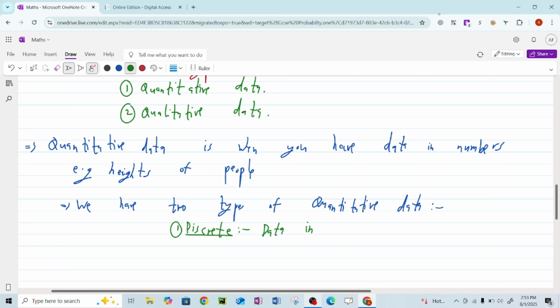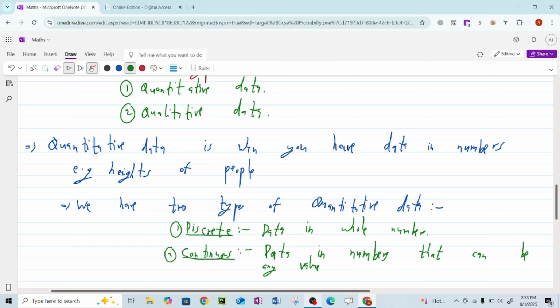Basically, that's the main thing. Data in whole numbers. Okay. And secondly, we have, you could say, continuous. Data in numbers that can be any value in a given range.